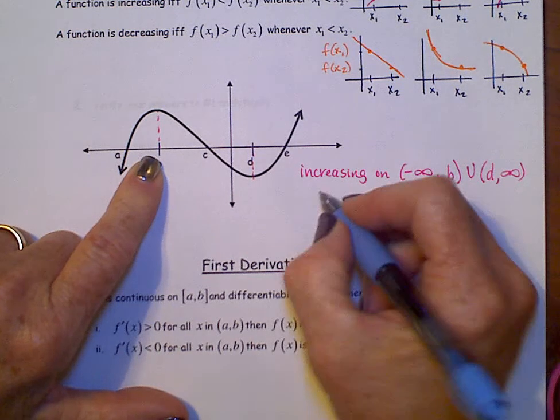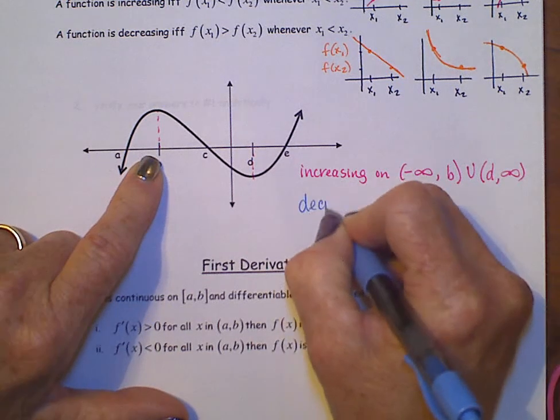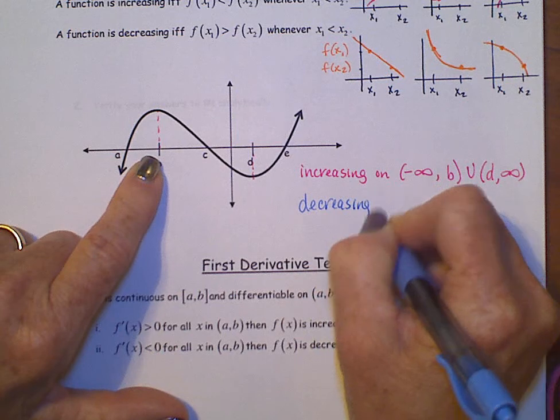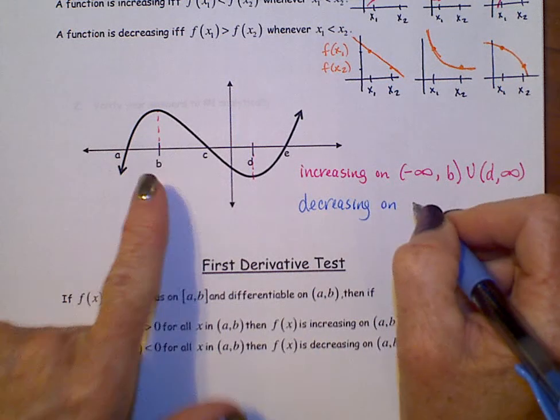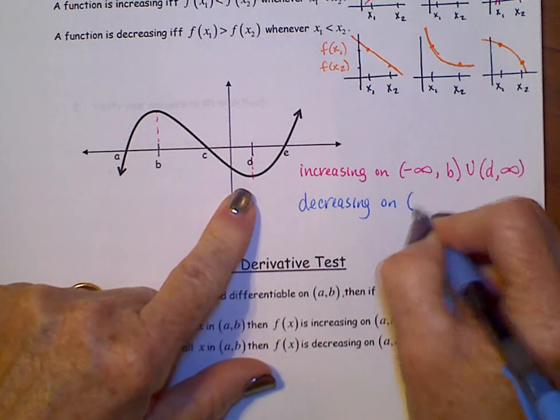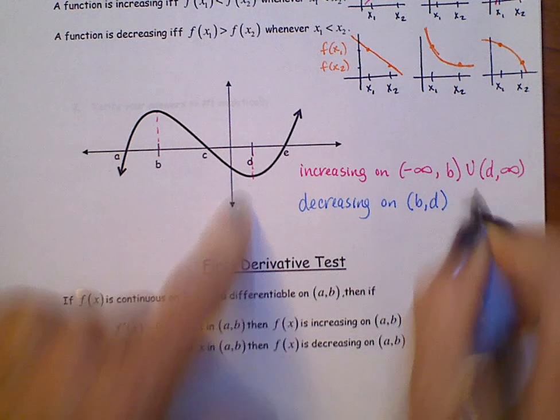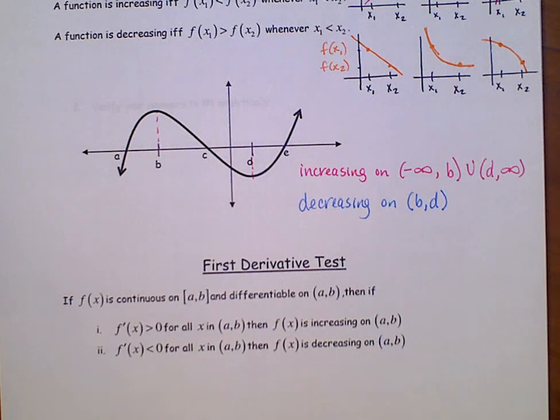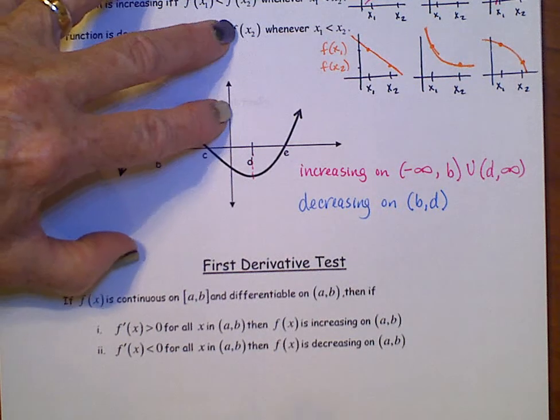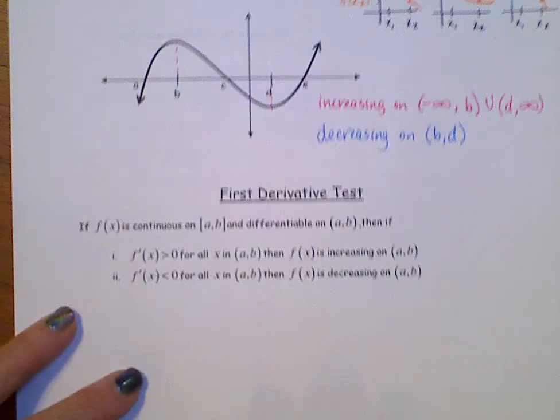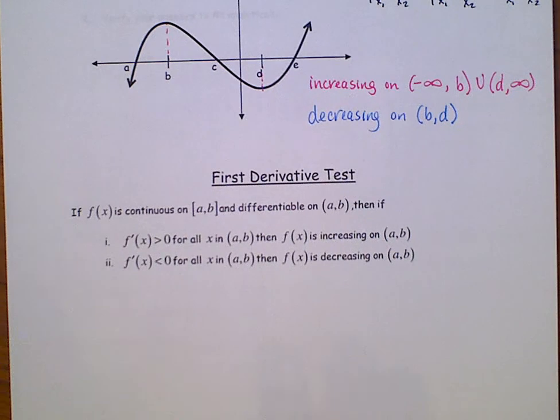And the graph is decreasing on the interval from b to d. All right? So, review of precalc.